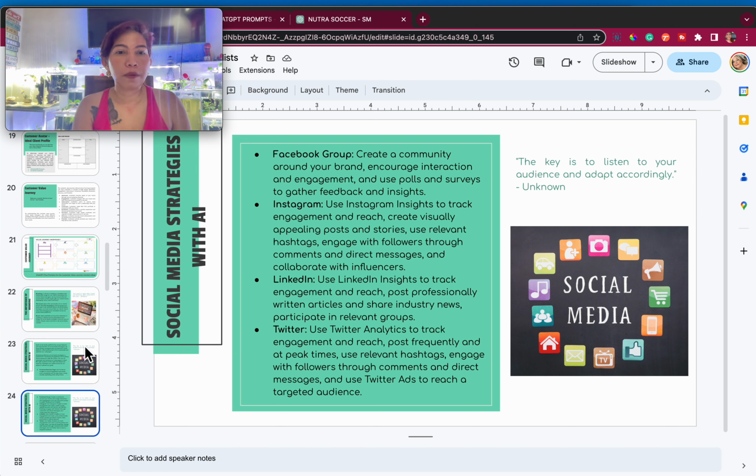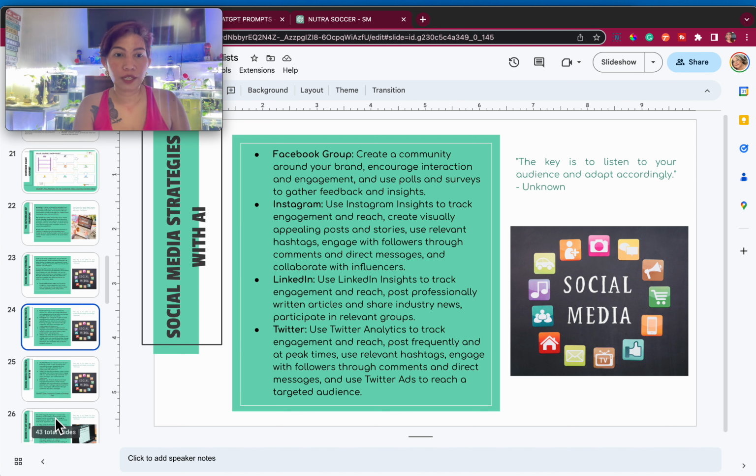And Instagram and LinkedIn and Twitter, so we need to identify what approach we're going to take for each of these platforms, since it's going to be different for each of these sites. It's not a one size fits all type of thing. So it has to be specific to each of the sites.